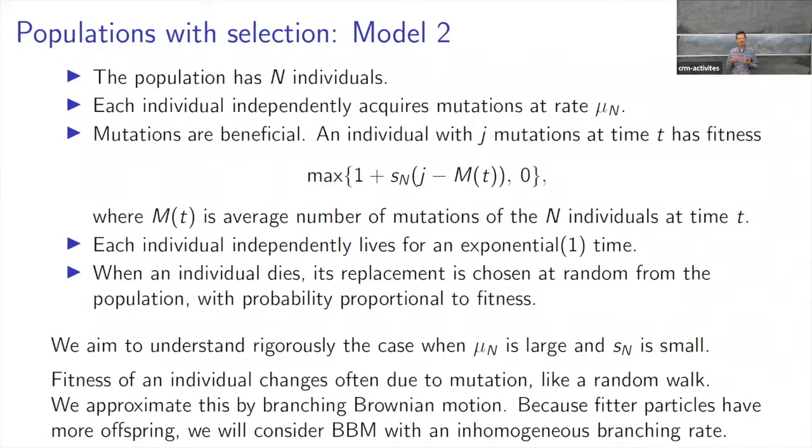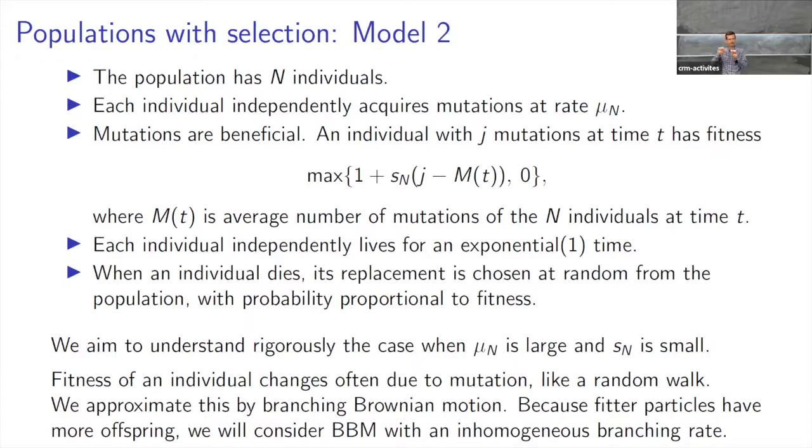Now, as I indicated last time, we mostly want to focus on understanding this population model when the mutation rate mu sub n is large and the selective advantage Sn that one gets from a mutation is small. And in this case, the fitness of an individual changes over time like a random walk as different mutations appear.